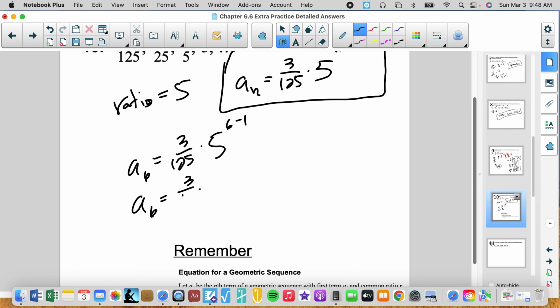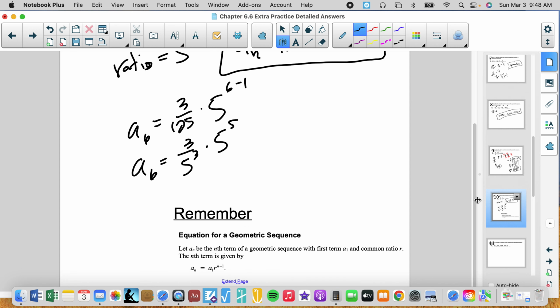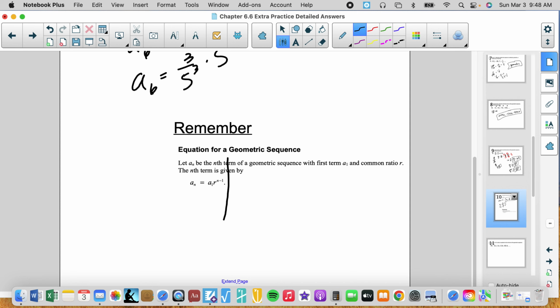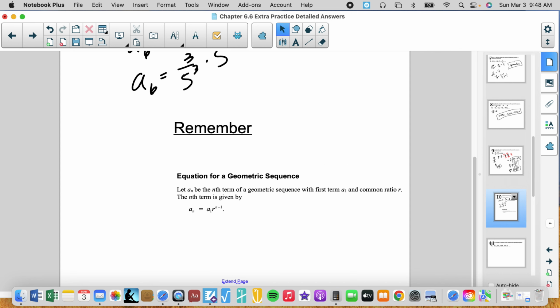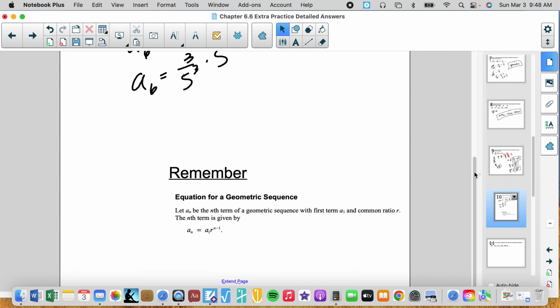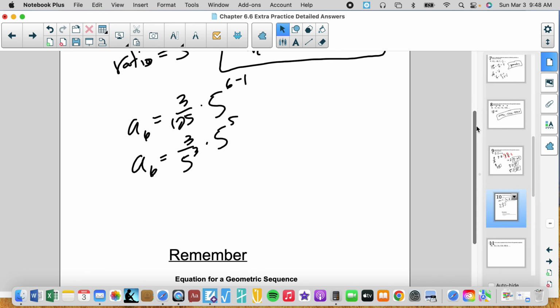Oh, watch this. I'm going to write 125 as 5 to the 3rd, times 5 to the 5th. Oh, did you see that? I don't need a calculator at the moment. So we have 5 to the 3rd in the denominator, 5 to the 5th in the numerator.